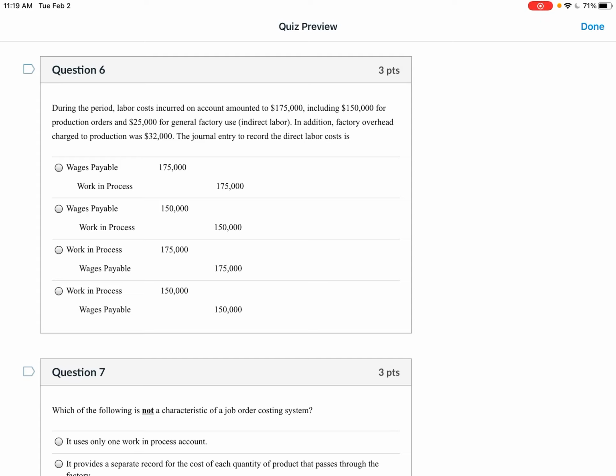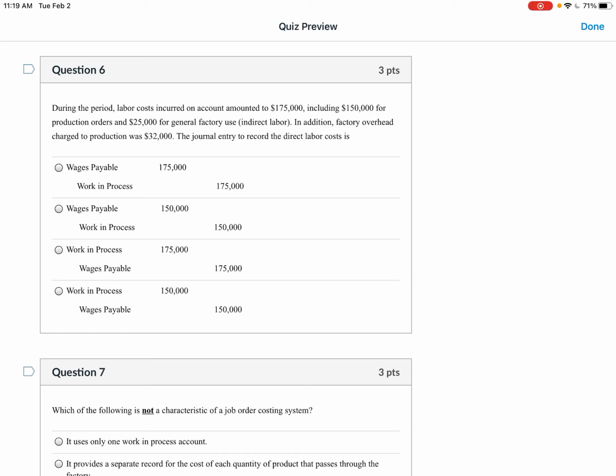So if we were going to record a liability, we would make a credit entry. All right, so when you look at these right here, you've got work in process inventory being debited on two of them, and you've got wages payable being debited. So you should automatically be able to eliminate B and C, because if you're recording that liability, you would not be making a debit entry.